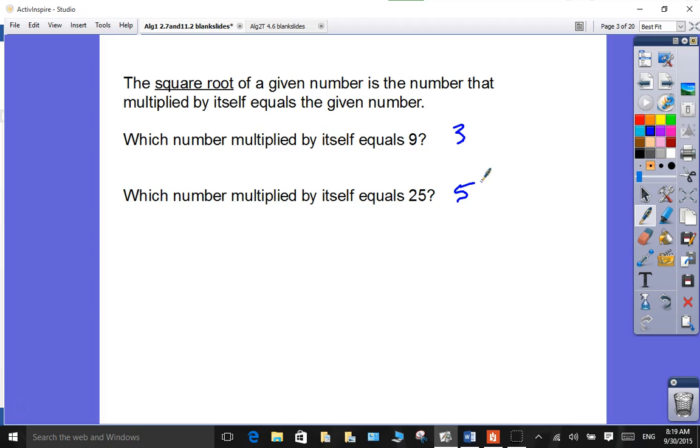Find the number that when you square it, you get what you're looking for, right? The square root of the given number.